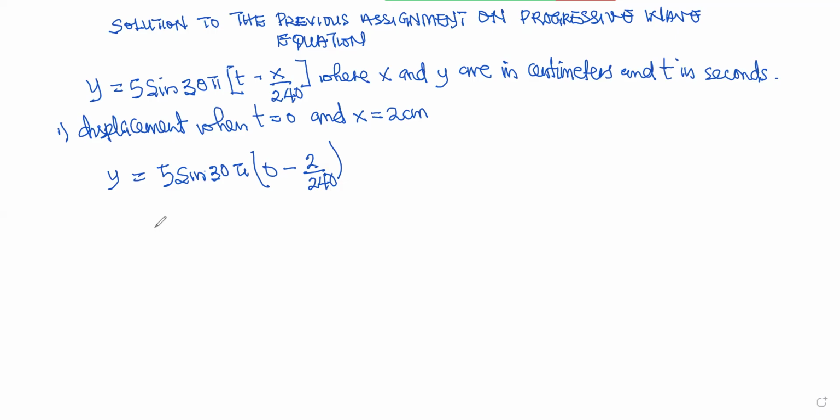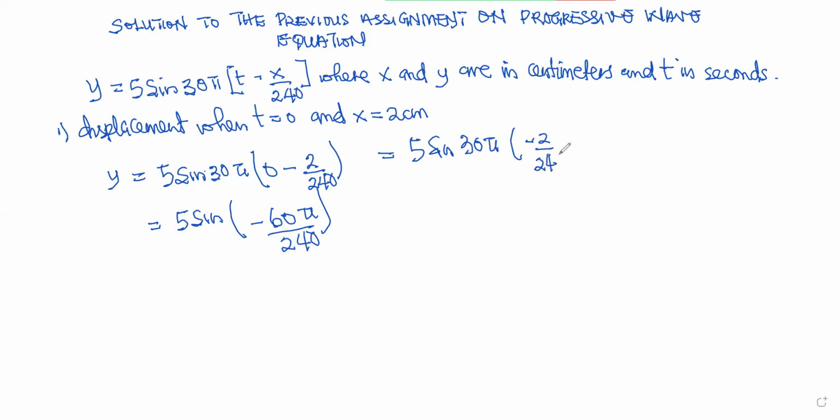When we put in this, we have 5 sine of 30π times minus 2 over 240.